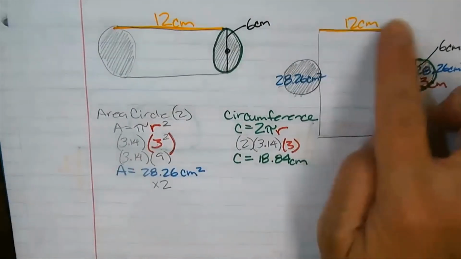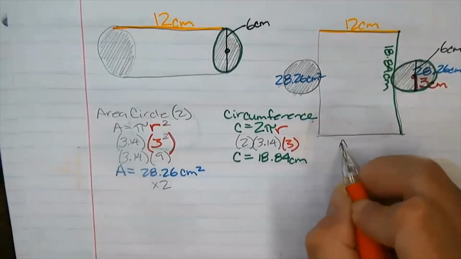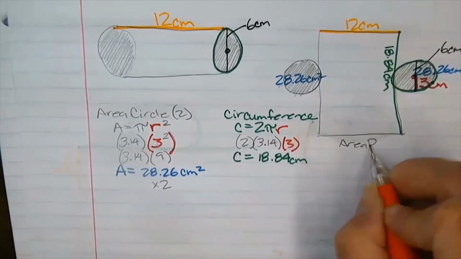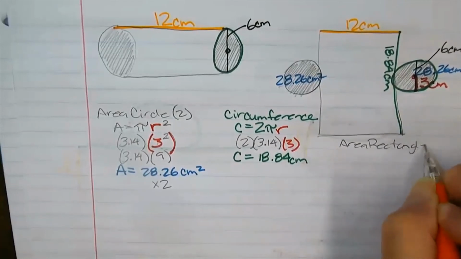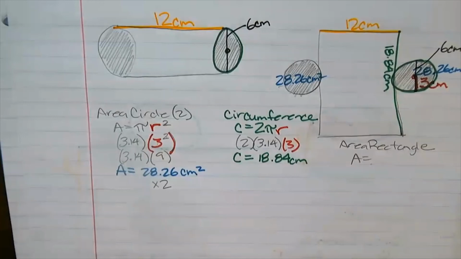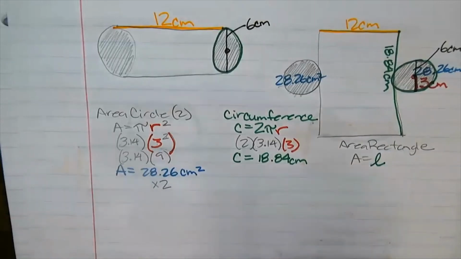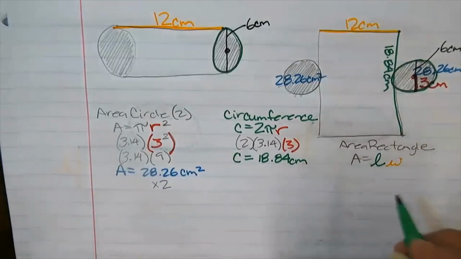Now I can find the area of this rectangle. So the area of the rectangle is equal to my length times my width. So let's go ahead and substitute.